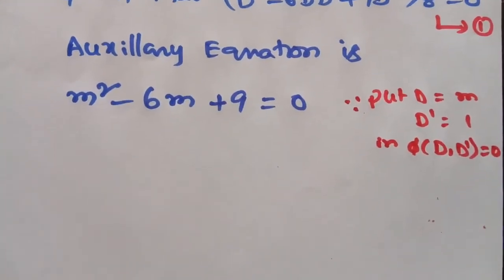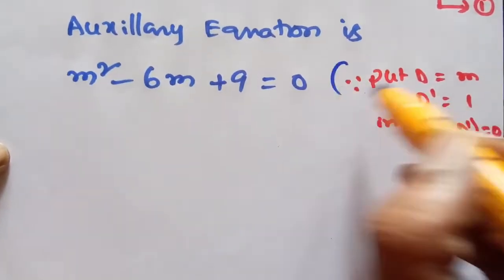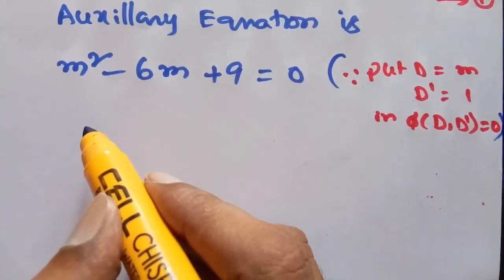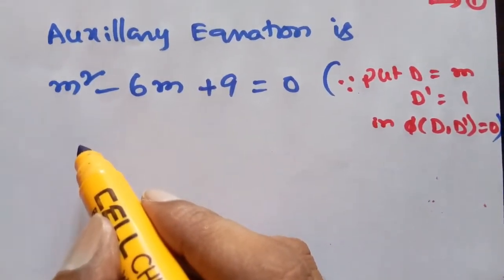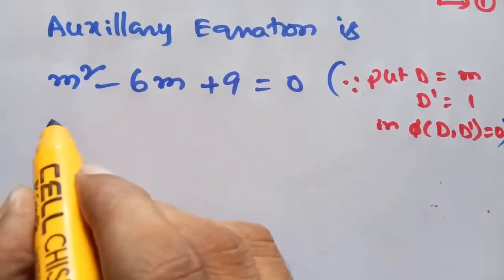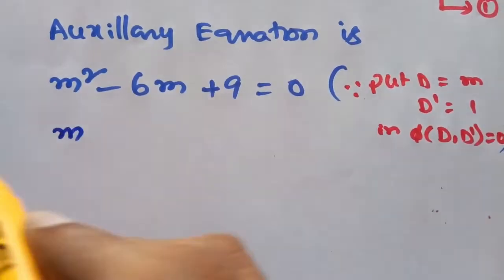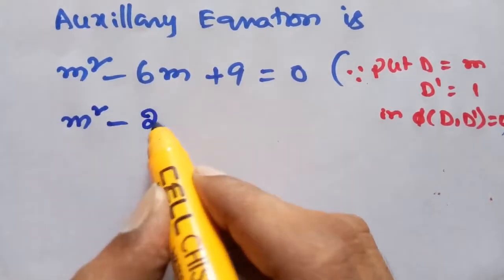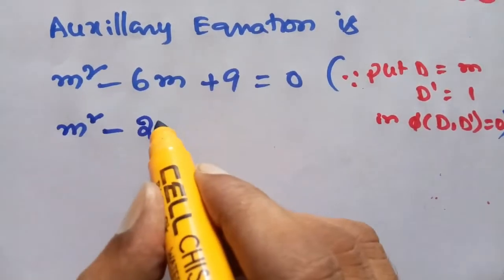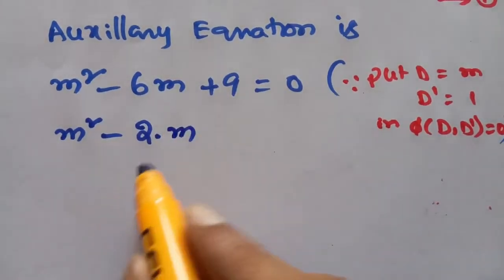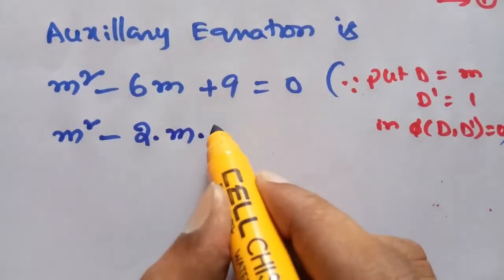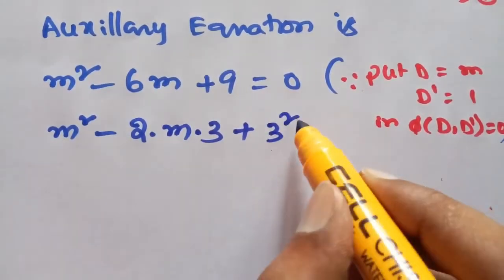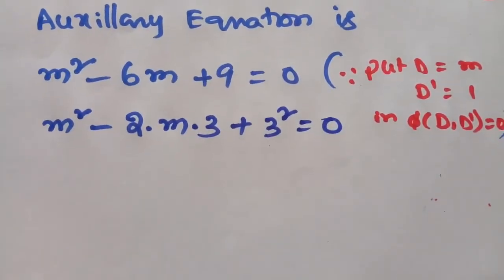We are getting this equation. Therefore, factorize. This can be written as m square minus 2 into m into 3 plus 3 square is equal to 0.